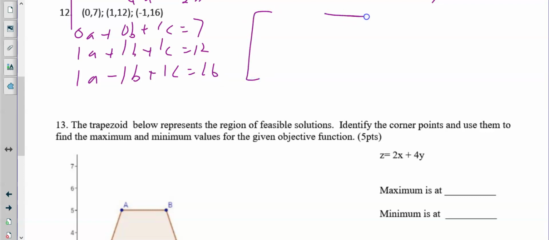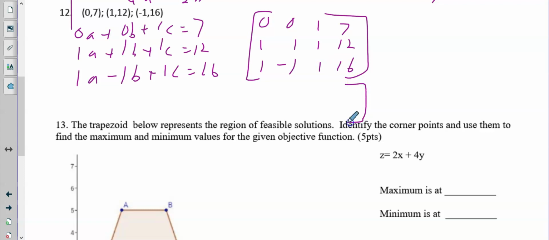So when I do my augmented matrix, I'm going to have 0, 0, 1, 7. Yes, zeros count. 1, 1, 1, 12. 1, careful, -1, positive 1, 16. Again, I'm not going to put this in. We've done this enough. But what I get is 7, -2, and 7 like that, which means 7x squared minus 2x plus 7 equals 0.